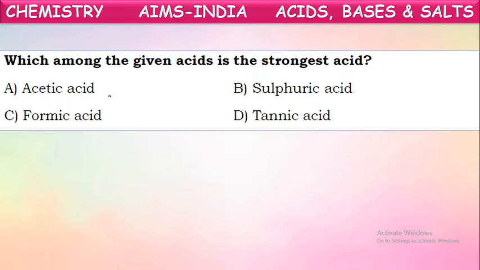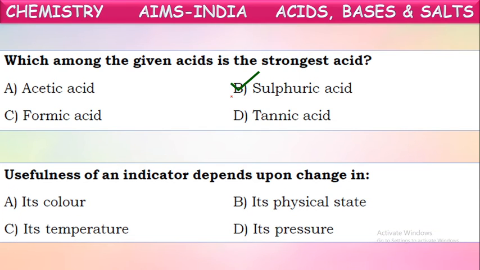Here, acetic acid, formic acid, and tannic acid are all organic acids. Organic acids all come under weak acids. Only inorganic acids are strong. Out of them, they have given sulfuric acid here. So sulfuric acid is one of the strong acids.